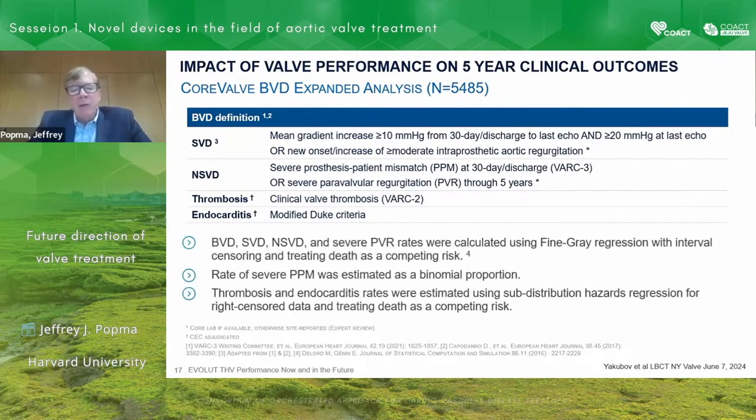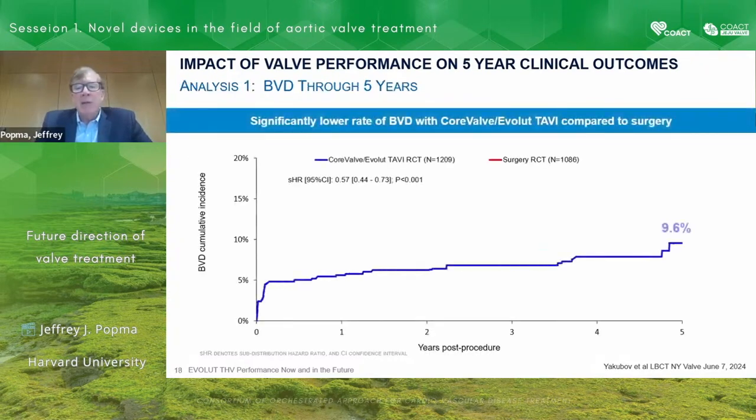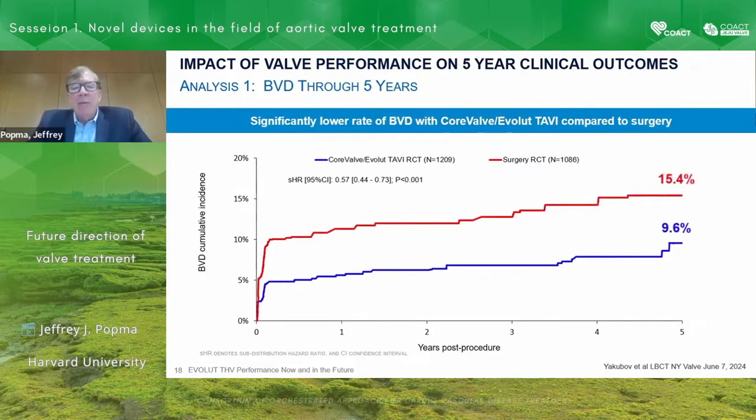And we used very sophisticated analysis, including an analysis that looked at outcomes using death as a competing risk in this elderly population. Here's what we found. We found that first, bioprosthetic valve dysfunction occurs early. It begins to manifest itself at 30 days.